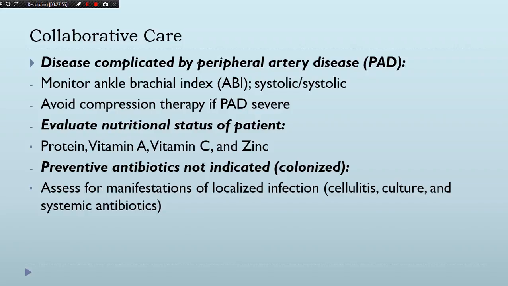In a lot of our patients who have venous insufficiency with venous ulcers, preventative antibiotics are not indicated because most of these wounds are colonized. The only time we're going to start antibiotics is if we can actually assess for a localized infection. These patients are at risk for developing cellulitis, or an infection in the subcutaneous tissue, so we do need to watch for that.